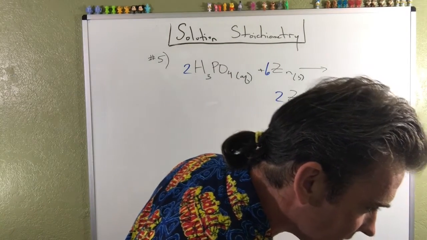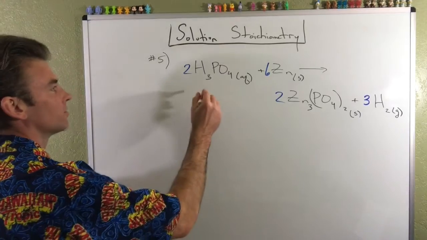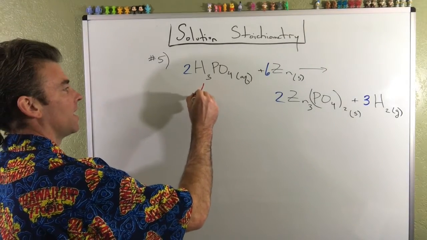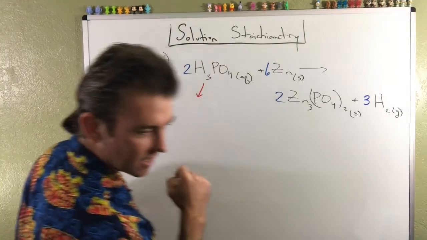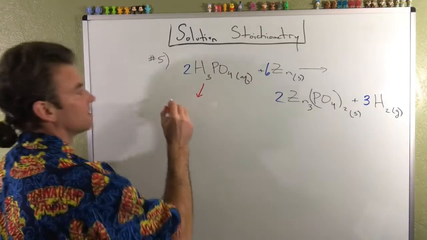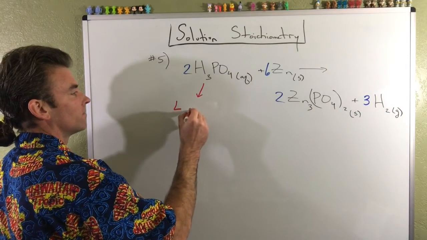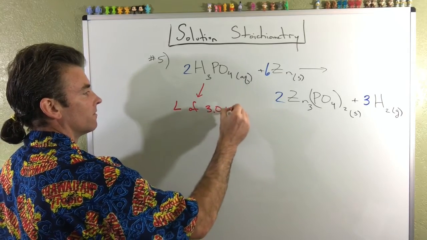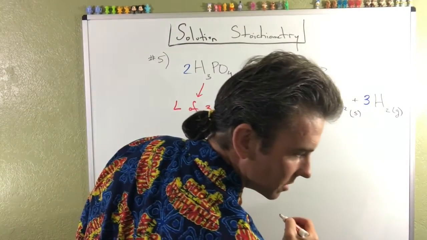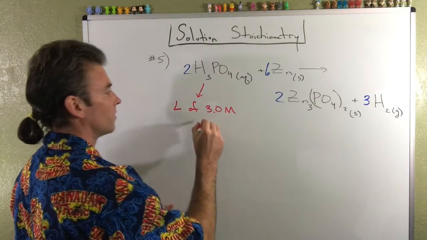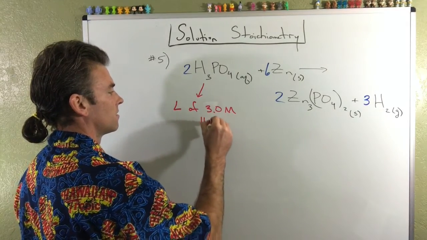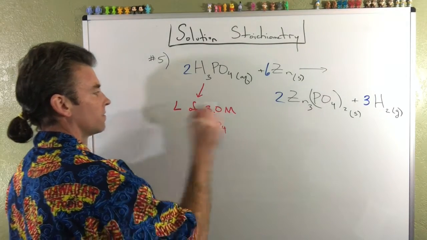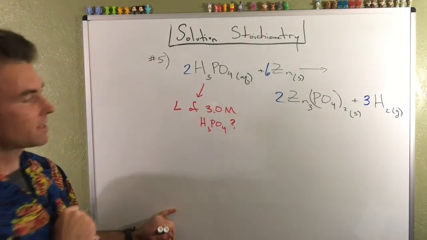So how many liters of a 3 molar H3PO4 solution? So at the end, I want this to tell me the liters of a 3.0 molar solution, H3PO4. Okay, so that's our question mark.